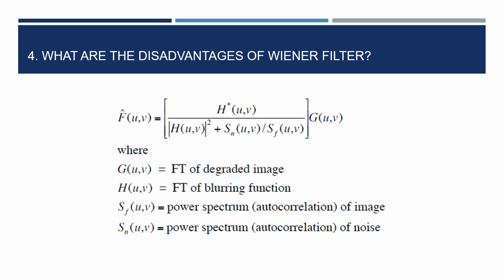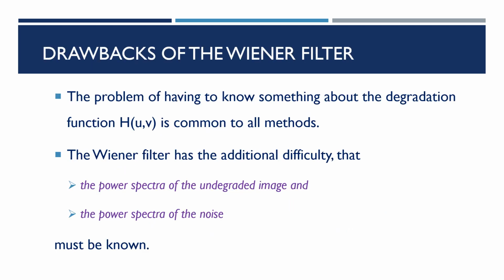Now the disadvantage is what is common to all, and that is we should have an idea about the degrading function H, and the overhead with the Wiener filter is that we should also know the power spectrum of the undegraded image and the power spectrum of the noise. They must be known. So that is the addition when we come to Wiener filter.